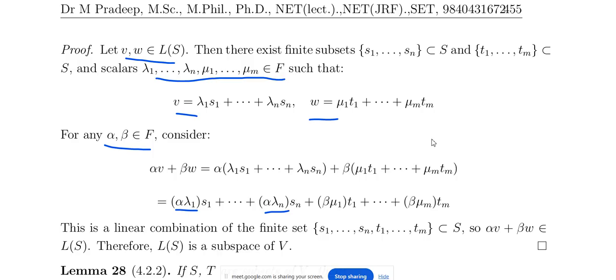So alpha lambda 1 s1, ..., alpha lambda n sn and beta mu 1 t1, ..., beta mu m tm always belong to L of S, because s1, ..., sn, t1, ..., tm form a finite subset of S. So the linear combination always belongs to L of S. So alpha v plus beta w belongs to L of S. Therefore L of S is a subspace of V.